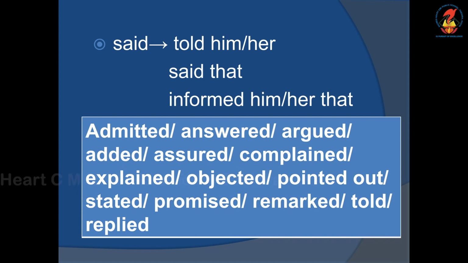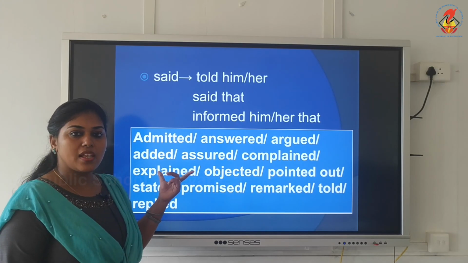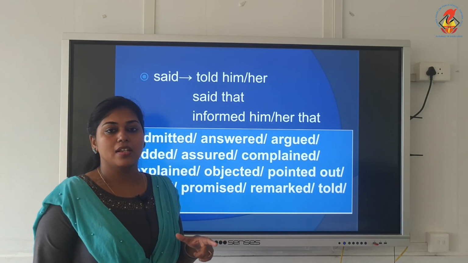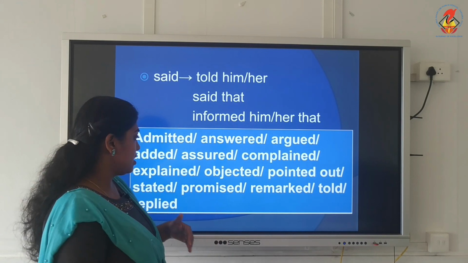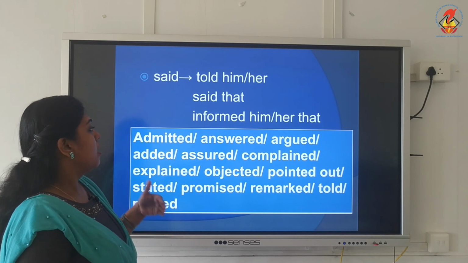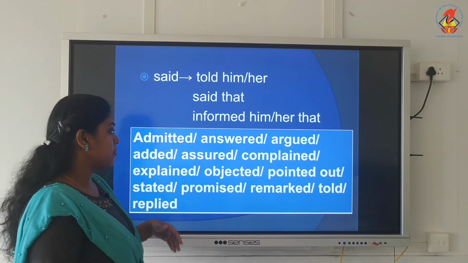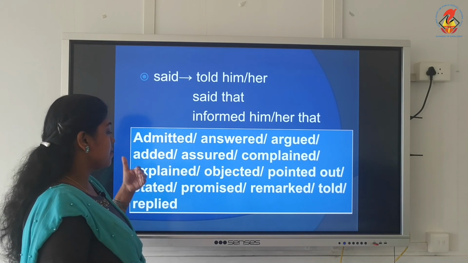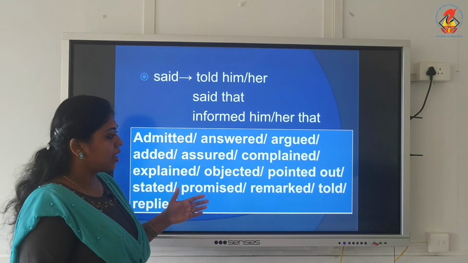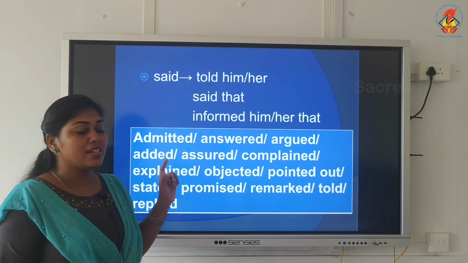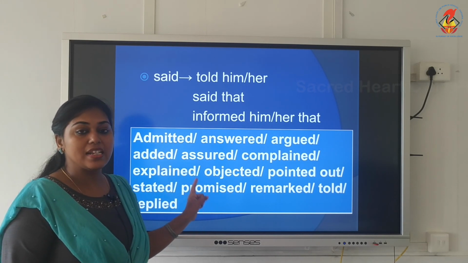Now how do we select this word instead of said? Based on the tone of the sentence. When you read the sentence, you will understand whether it is a promise, whether it is a complaint, whether the person is answering, giving a reply to something, whether the person is adding a statement. Likewise, we will understand from the dialogue. So you need to understand that and select the appropriate word instead of said.